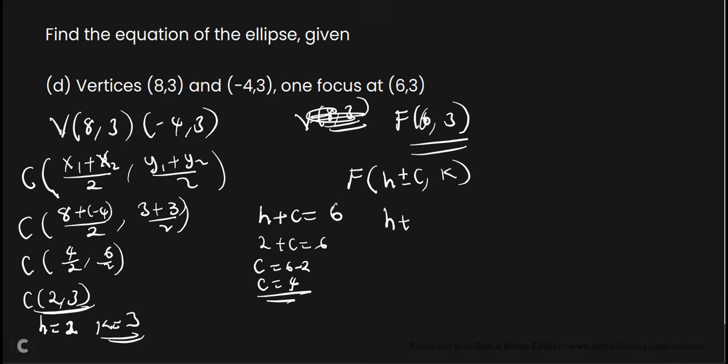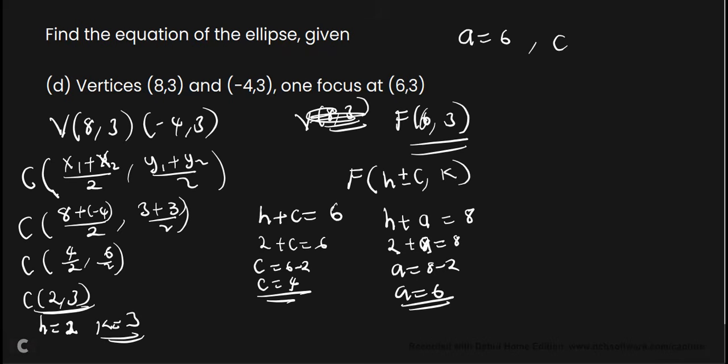H plus A equal to 8. What is H? 2, like that, right? 8 equal to 2 plus A, then A equal to 8 minus 2, that is A equal to 6. So your A is 6, then your C is equal to 4, like that.